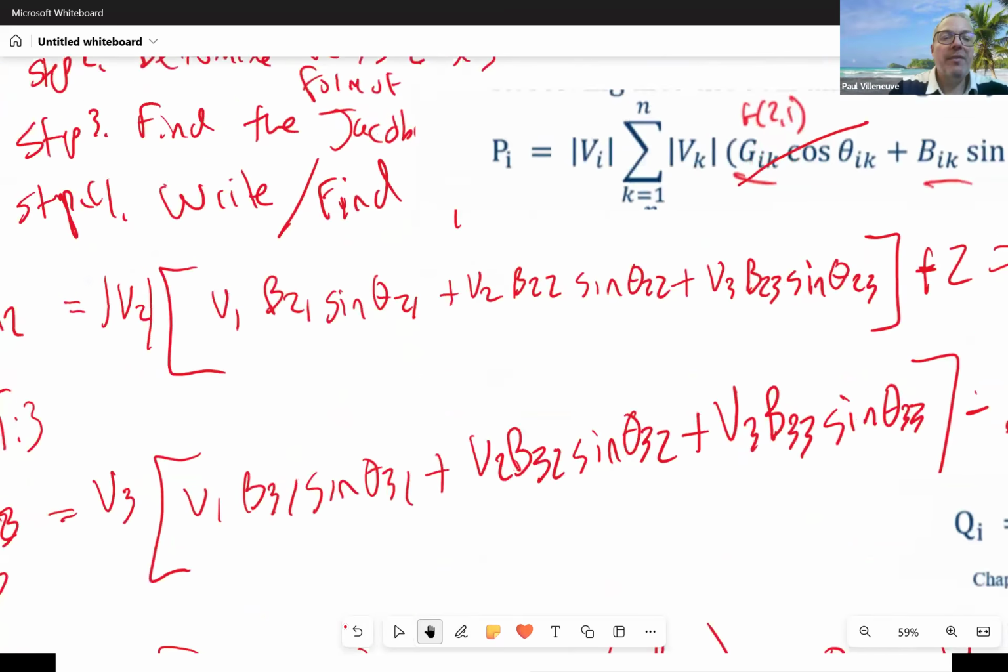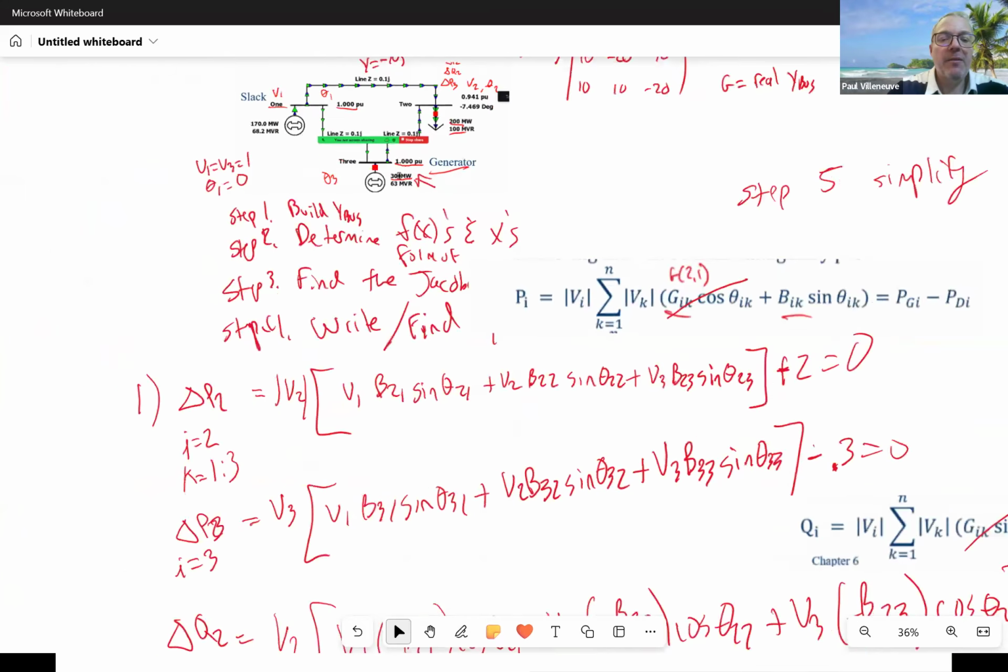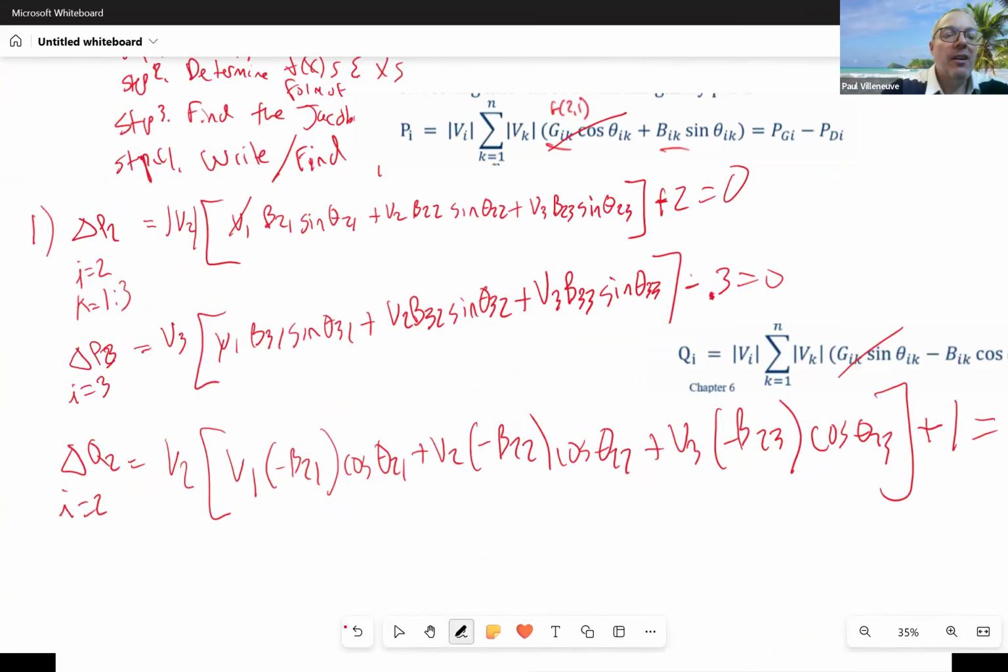So one of the simplifications we can do, all the V1s disappear because they're all equal to 1. So 1 times something is that something, right? Same thing with V3, right? All those terms disappear because they're 1.